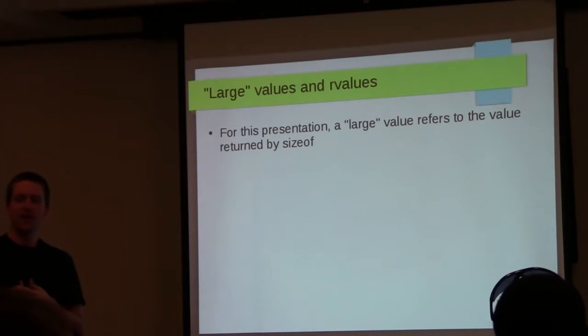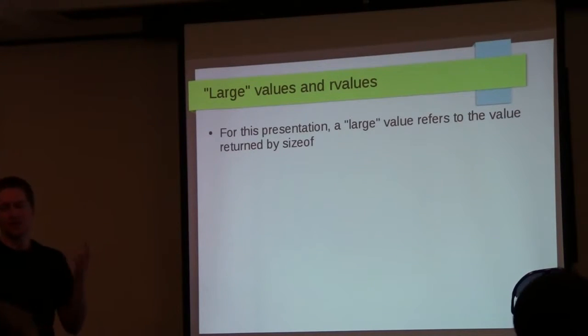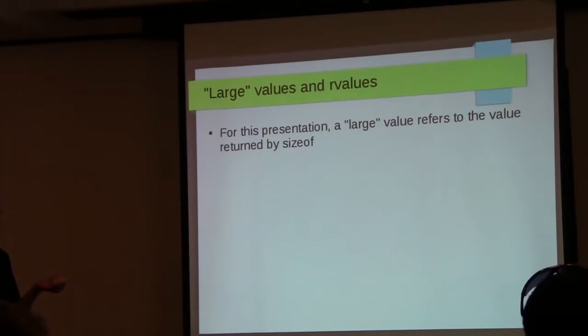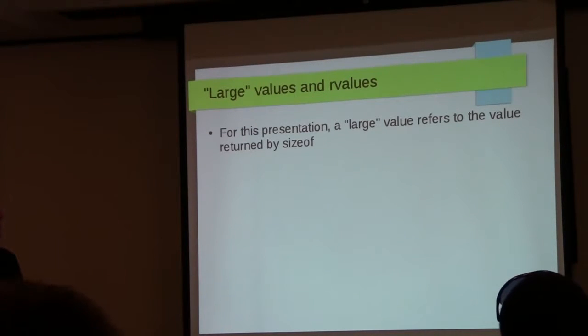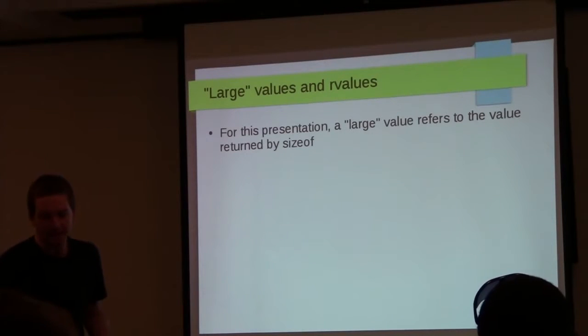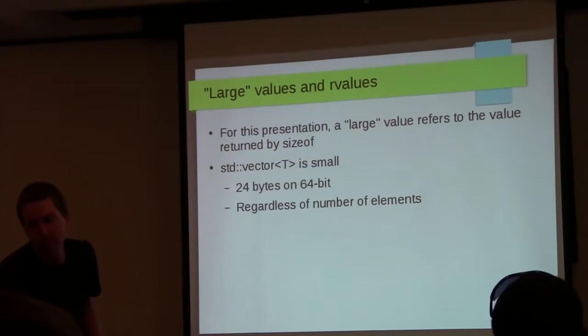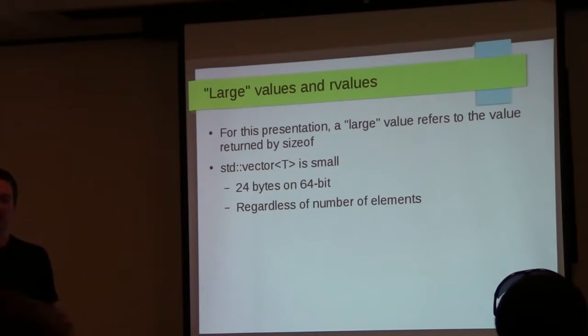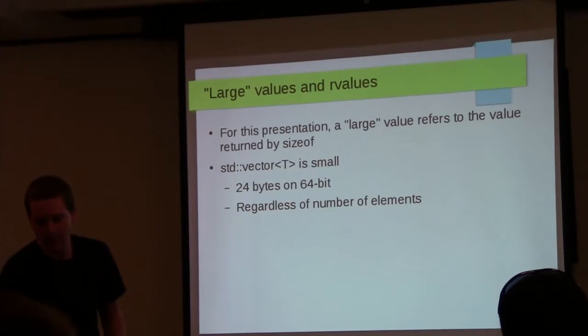In my talk, I might mention a large value or a small value. For purposes of this presentation, size is determined by sizeof, so the stack allocated space. For example, a vector of T is small. On most 64-bit systems, it's going to be 24 bytes. It's going to have a pointer to the beginning, a size, and a capacity, and that's regardless of the number of elements.